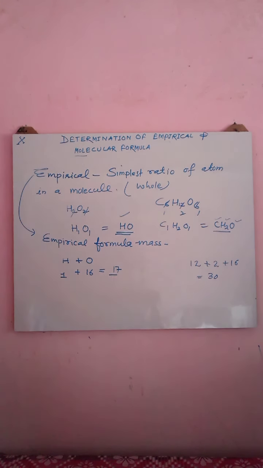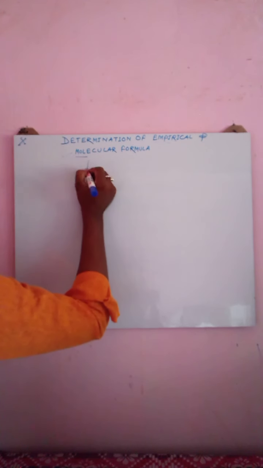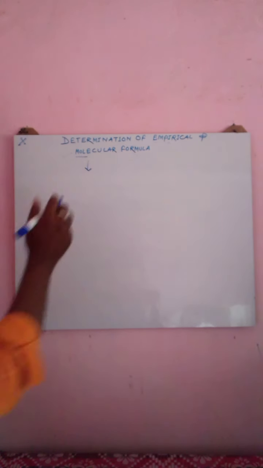Now come to what is molecular formula. Molecular formula is very simple. Molecular formula means the actual number of atoms which is present in a molecule. If a molecule represents the actual number of atoms, it is known as molecular formula. The molecular formula of a compound denotes the actual number of atoms.